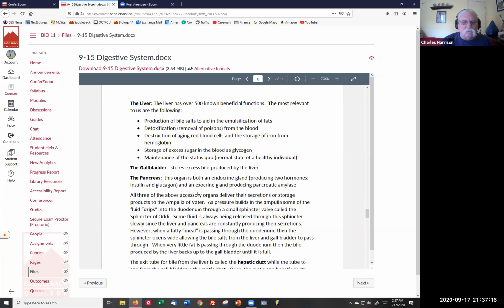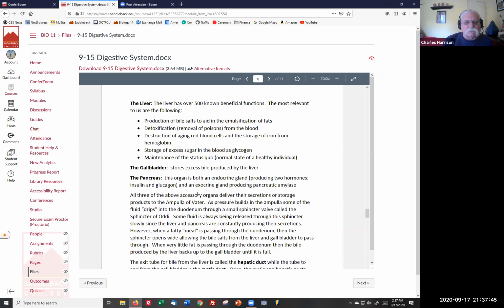Okay, the 3 million that are aged and dead have to now be removed, and they'll be removed by the liver primarily. And while the red blood cells are being removed, the iron that they have in their hemoglobin is being retained in large part by the liver for other functions.